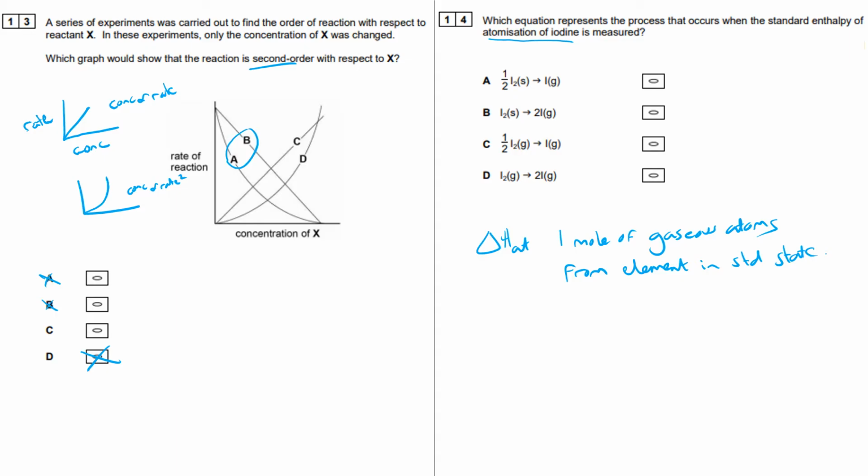So iodine, we should know iodine is a solid, and if you're forming 1 mole of gaseous iodine atoms, you need to make sure it's balanced, so you need half I2 as a solid. So answer A is correct there.